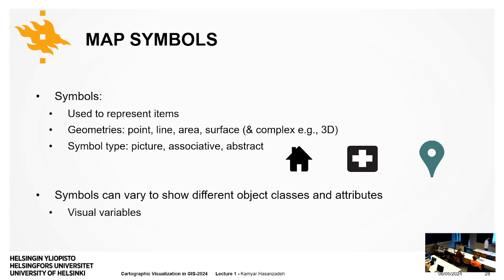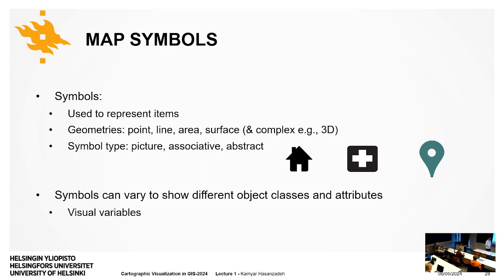One thing that is hugely important when it comes to symbols is, of course, now we have this world that is very interconnected, so this is becoming less and less relevant, but still when using symbols you should take into account the context and the culture. I guess there isn't anyone in the world who wouldn't understand this is probably a health center or some hospital, even if it's a cross.